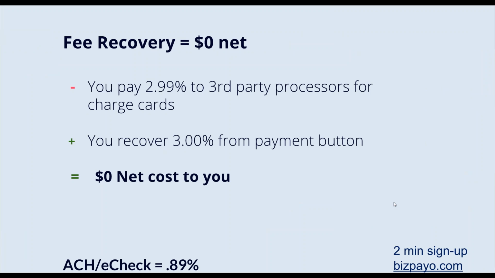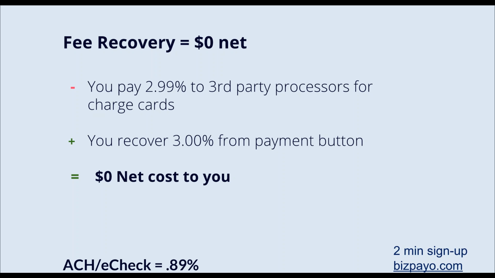The way that it works, the way that the upcharge technology that I was talking about works, is that you're paying a fixed 2.99% to the third-party processors for charge cards. That is a fixed fee that we have worked really hard to get. It is for MasterCard, Amex, Discover, what am I missing? Visa, Diners, it's for all of them.